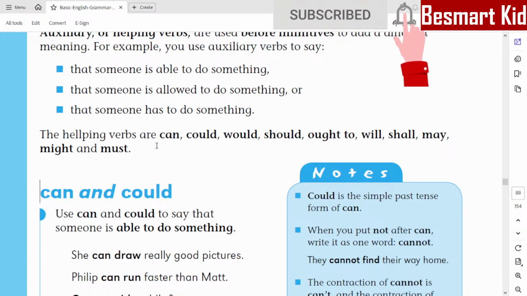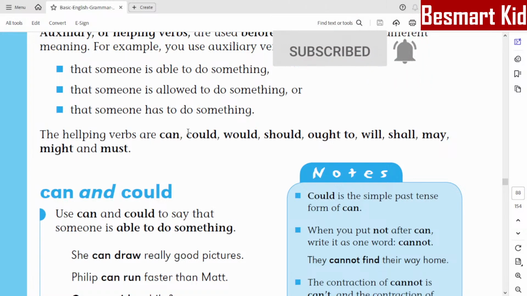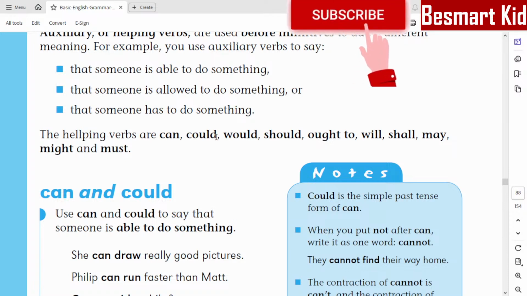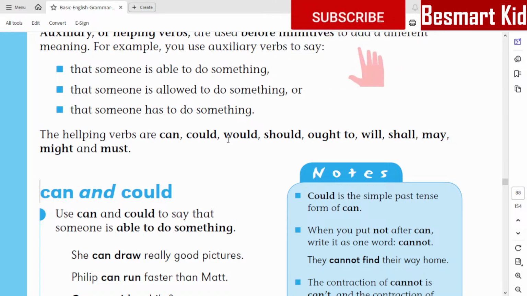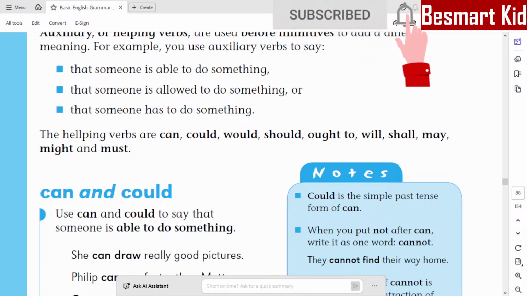The helping verbs are can, could, would, should, ought to, will, shall, may, might, and must.